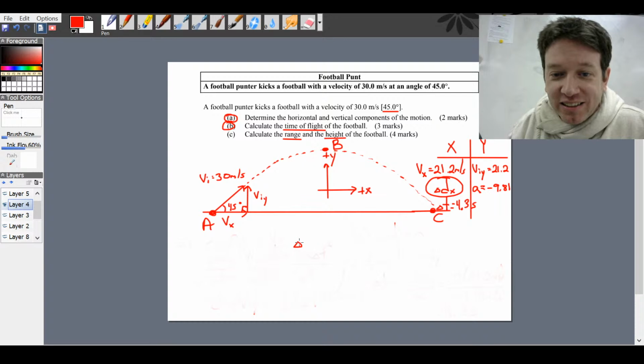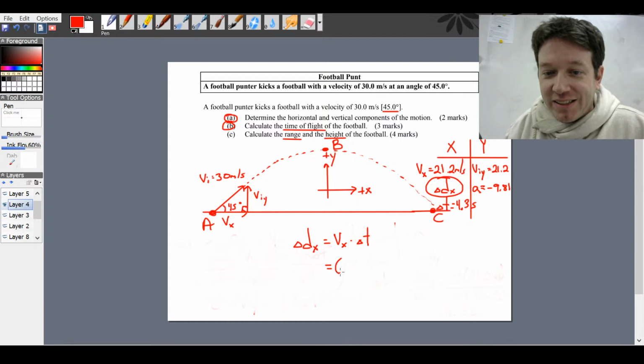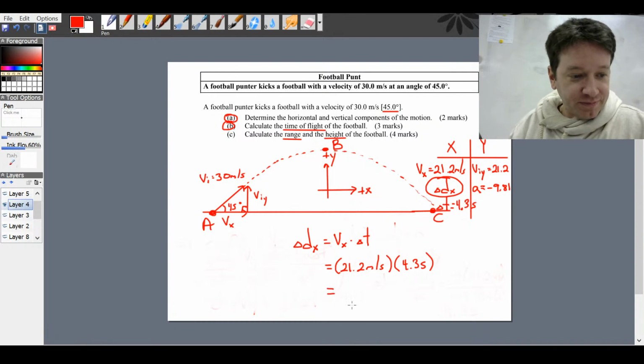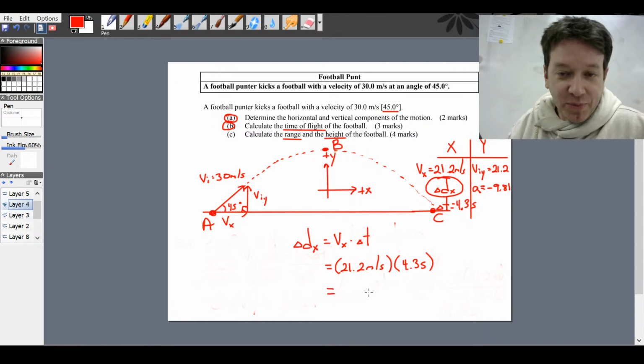There's only one equation you can ever use in x, since there's no acceleration, is this one right here. I don't even need to rearrange it. We have our velocity in x, 21.2 meters per second, and our time, 4.3 seconds. So we get a range of 91.2 meters.